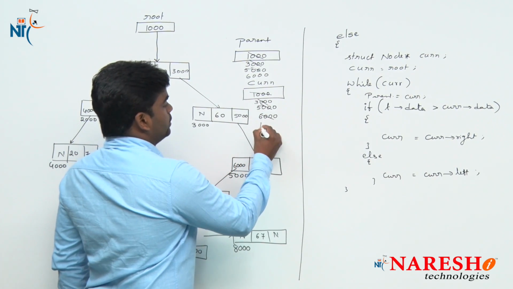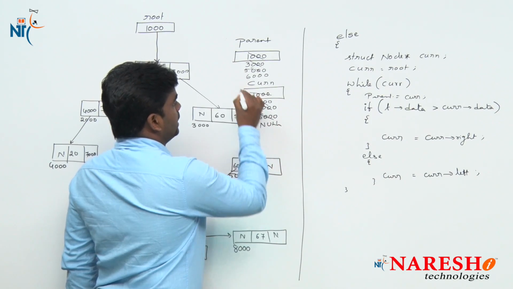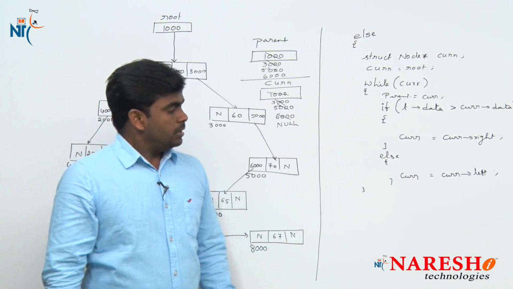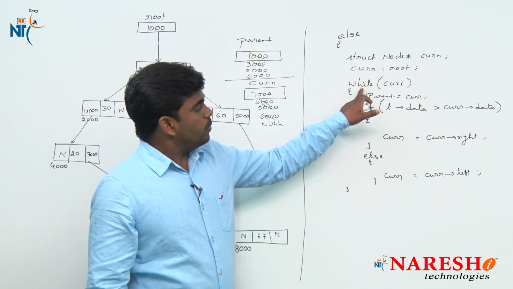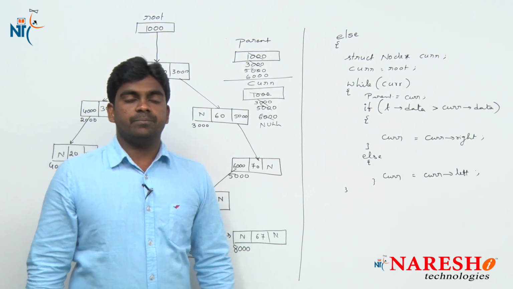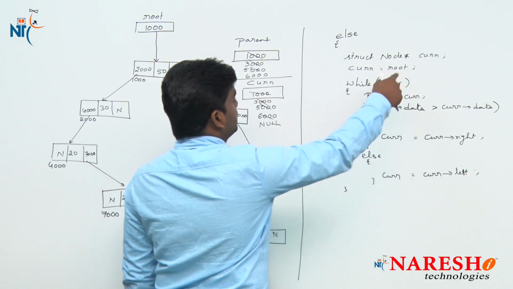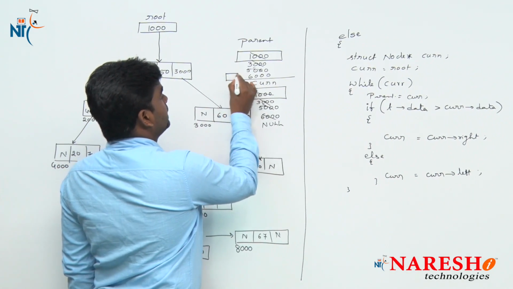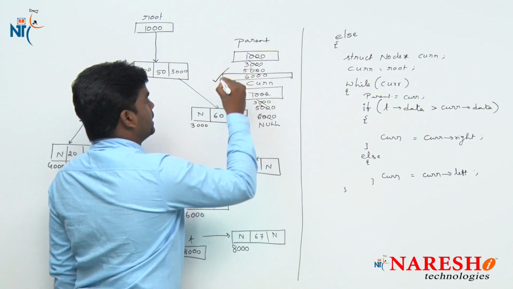That null value will be stored finally into current. Next time whenever we are repeating, while current value is null, so condition failed, then the while loop will be terminated. Finally we found the parent value where we have to connect the child.